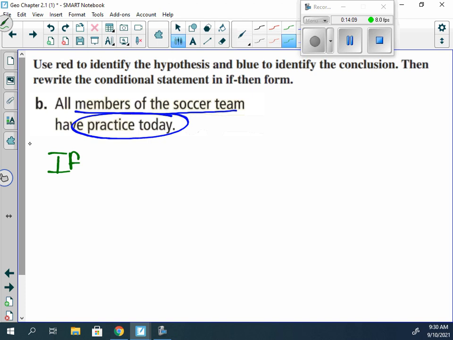Mm-hmm. So who's having practice? Soccer team, yes? So if what? So talking about the soccer team. So the soccer team is practicing. So if they are, almost, if they are what? Are on the soccer team.